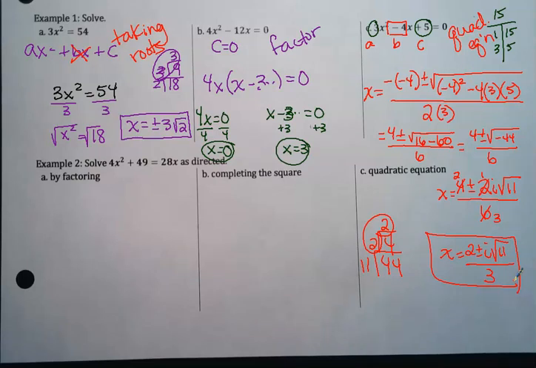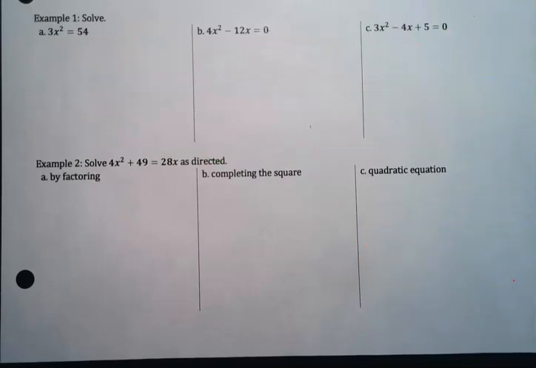All right, let's clear these, and let's look at example 2. It says solve 4x squared plus 49 equals 28x as directed. Because again, some of them you can solve any way you want. It's just practicing with them.